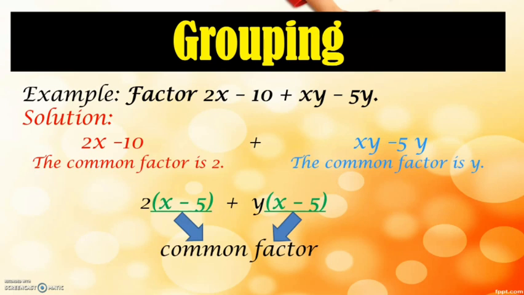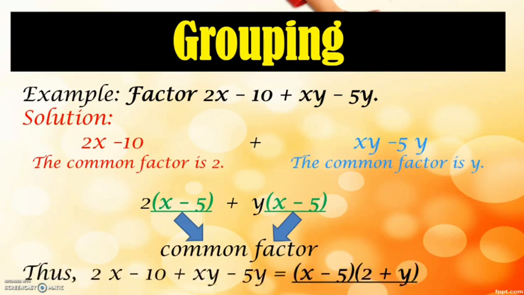So we extract the common factor, x minus 5, then we now have the factors of 2x minus 10 plus xy minus 5y equal to x minus 5 multiplied by 2 plus y.